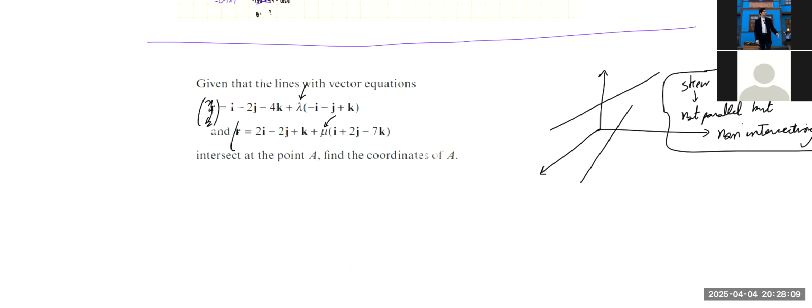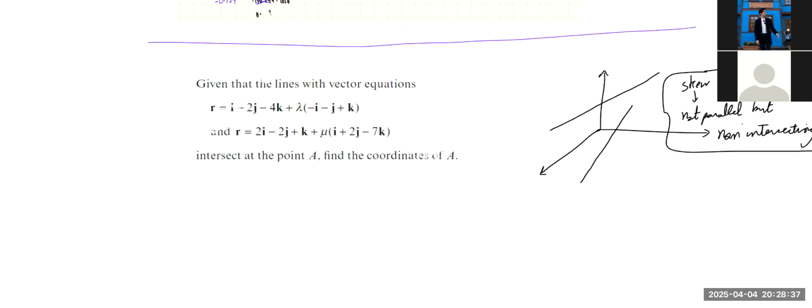If I plug in a special value for lambda and a special value for mu, maybe, by a stroke of luck, the x, y, z values for both vector equations end up being the same, which means they are at the same exact spot, just for that one lambda mu value. So our goal is to find out when the R values of both are equal. In other words, set them equal to each other and ask yourself, what lambda and what mu value cause this to happen?